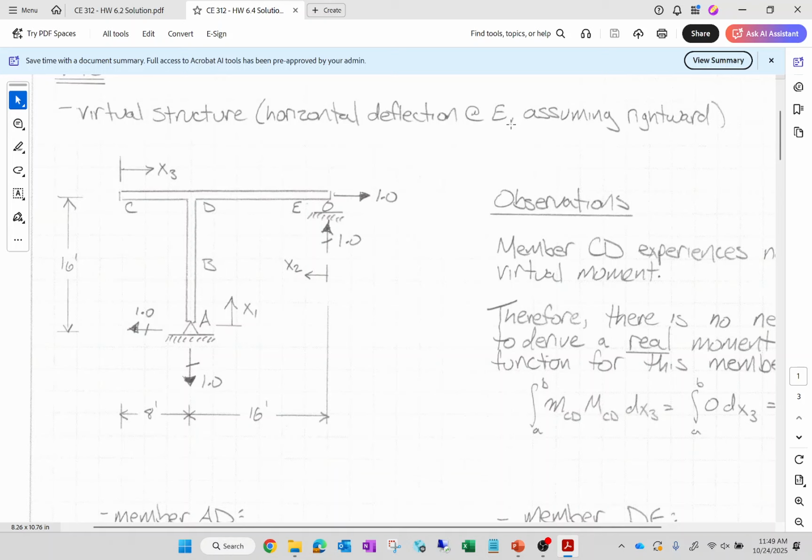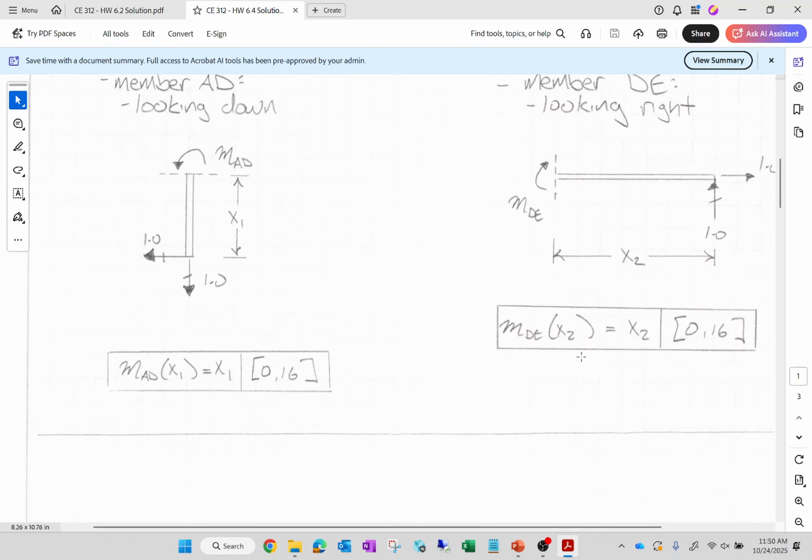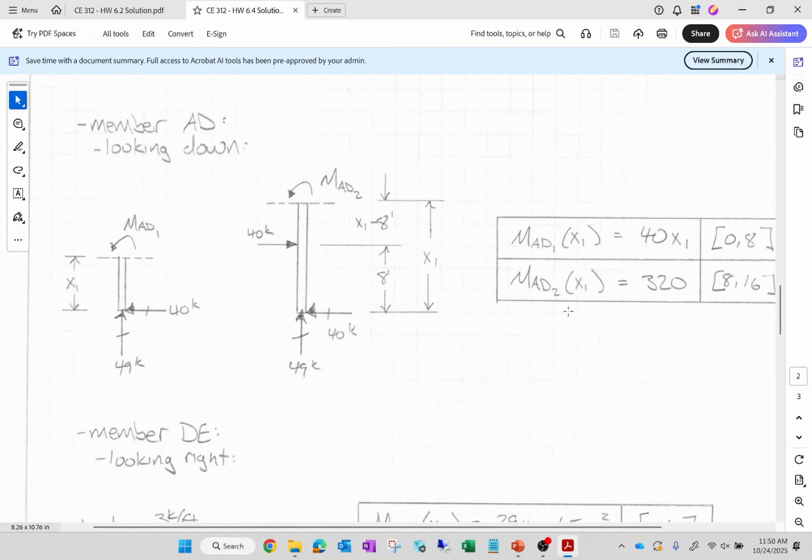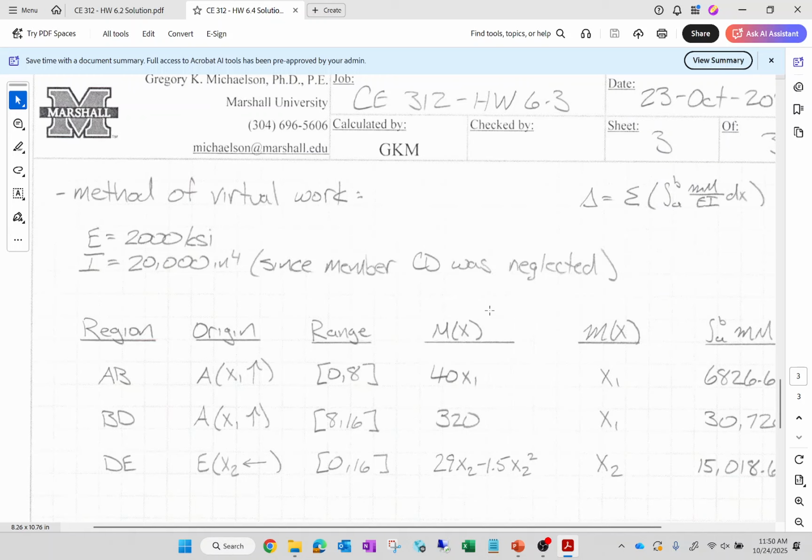Now, the coordinate systems have to stay the same. This has to stay going like that, this one has to stay going like that, this one has to stay going like that. Make sense? What would happen, let's say you assumed incorrectly. Instead of a positive x, you would get negative x here and here. What that would do is make the resulting integrals all negative.